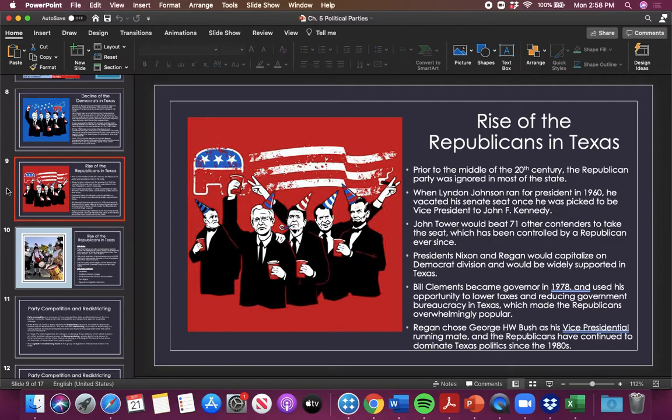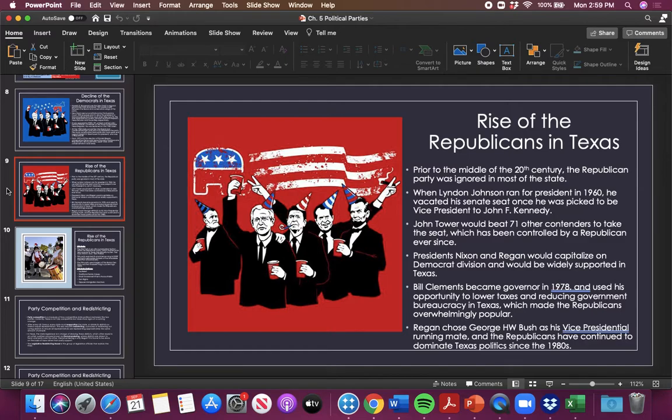Like we said, Nixon and Reagan capitalize on this division in the Democratic Party, and they are able to drum up a lot of support in Texas. And so by the beginning of the 1980s, Texas really is now a Republican state.